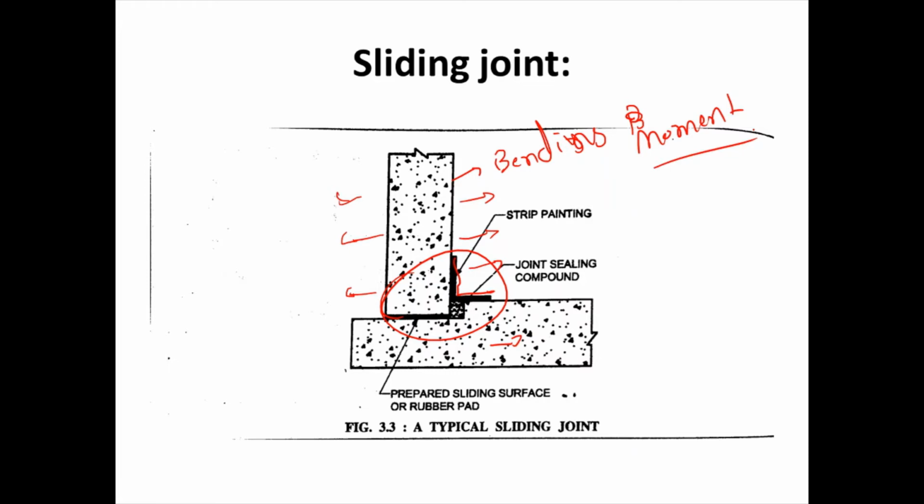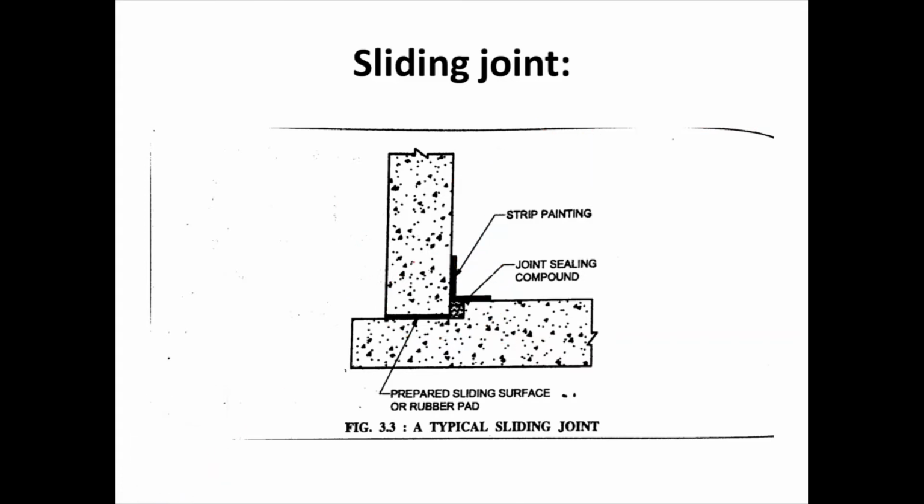Remember, one thing I will explain. Look here. First the base is here and here is a wall. So it is free to move, sliding, free to move. At the sliding joint, when the water pressure is applied on the wall, your wall will be moved.